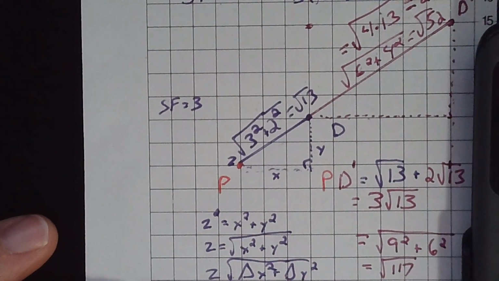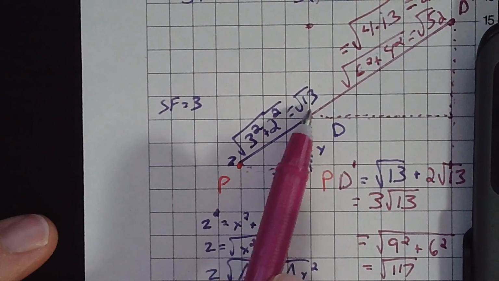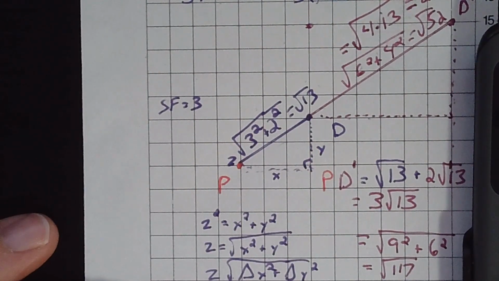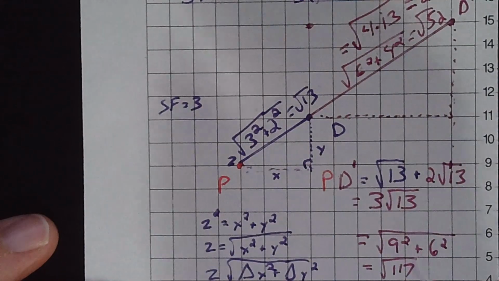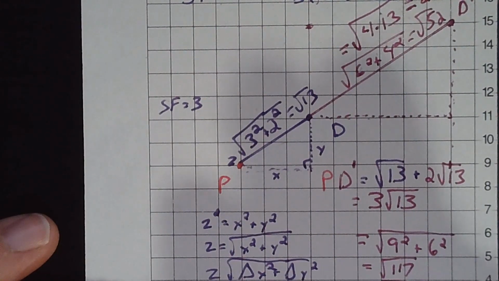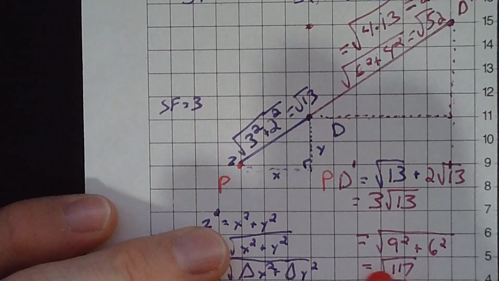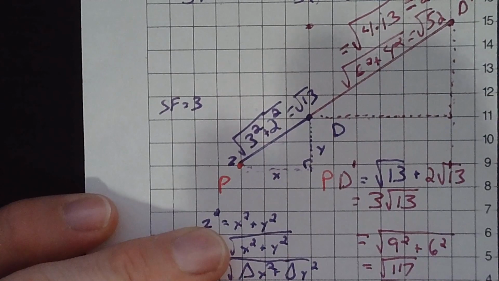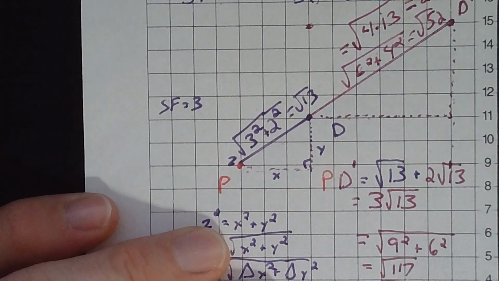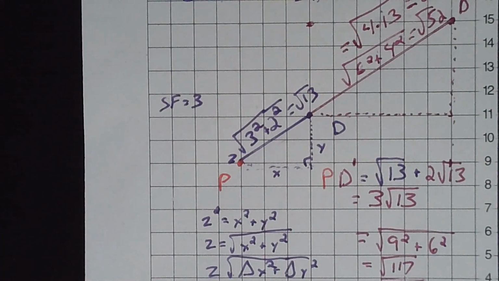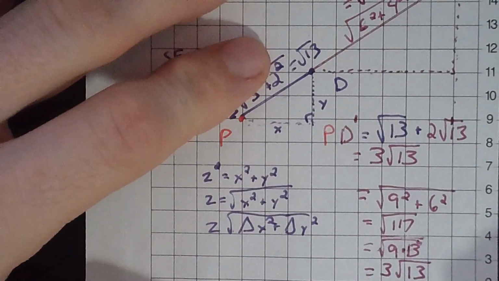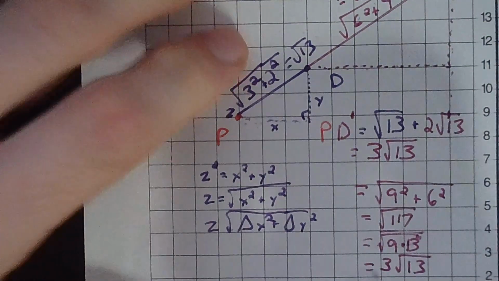If I divide that by 13, it's 9. So this is equal to 9 times 13. I take the 9 out and it becomes 3, so it's 3 times the square root of 13, which is the same.